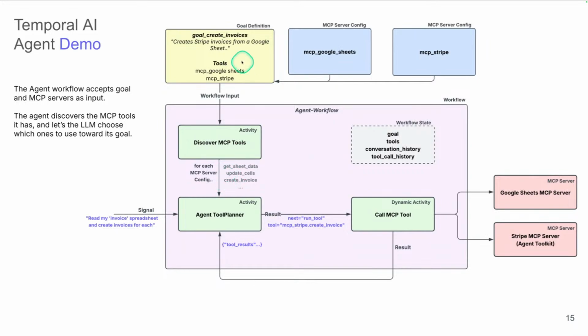And then given that and the goal we give you, can you please work with the user towards whatever specific goal they have, which might be read the spreadsheet, create a bunch of invoices in Stripe or something like that. But either way, the actual sequence of events and the tool calls are all figured out by the agent workflow without bespoke code, without actually being told what to do. It's all discovery of tools, and it's all LLM driven.